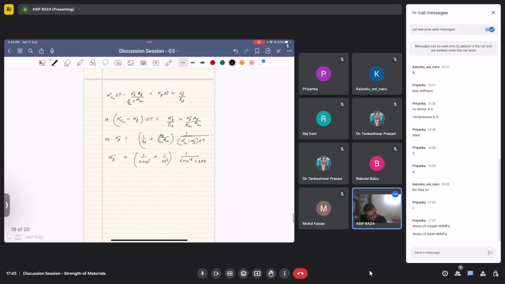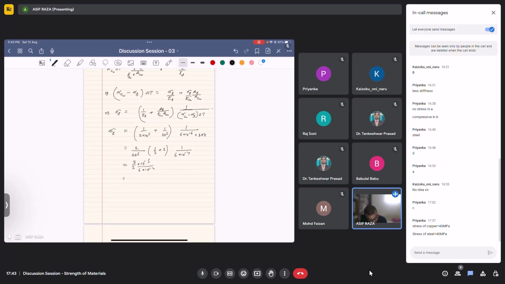Okay, let's solve it. If I take 10 to the power 5 as common, 1 by 2 plus 1, and this is 6 into 10 to the power minus 4, so 3 by 2 into 10 to the power minus 5, that is 0.025.